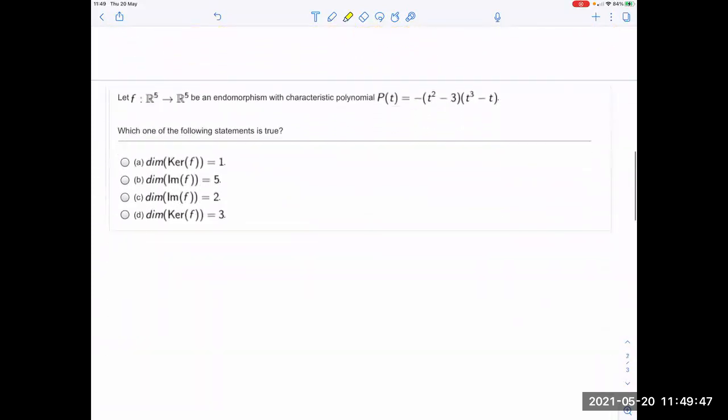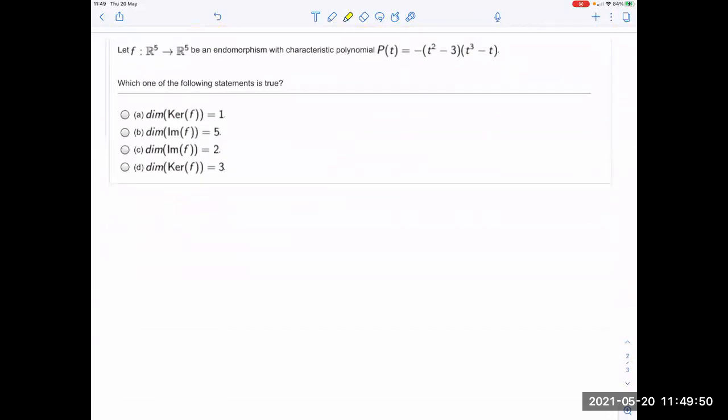Okay, now let's move to this new one, and let's see again what are your preferred options, A, B, C, or D, and see then how to go through these cases.